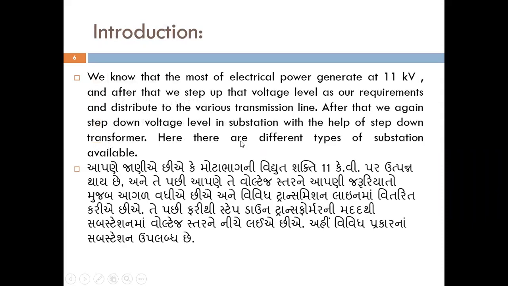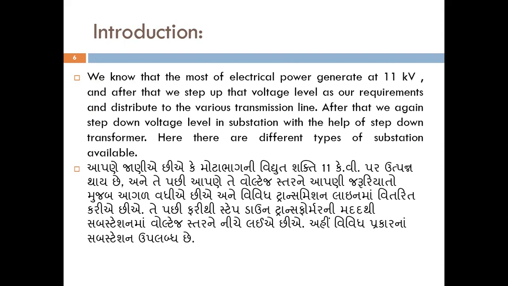Now, introduction about the substation. We know that most of the electrical power is generated at 11 kV at different power stations, like thermal power stations, nuclear power stations, and hydro power stations. Each power station mostly produces 11 kV supply.